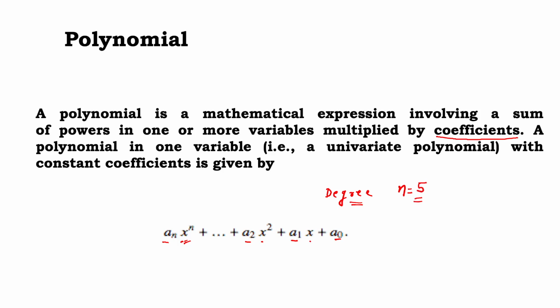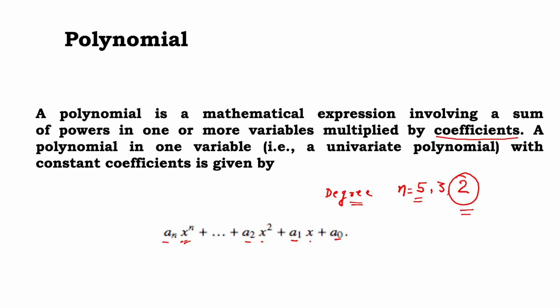If it is 3, then it is known as a polynomial of degree 3. And a special case is when this is 2. The polynomial of degree 2 is known as quadratic.